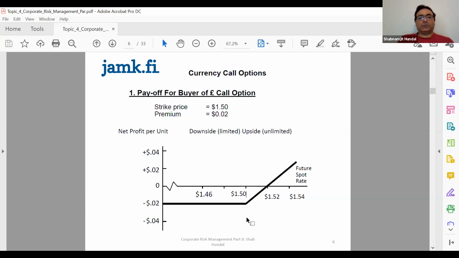Now I want to create a situation for you, and you have to keep your mind very fresh. Imagine the market price is 1.51, which could be somewhere here. Will you exercise the option or will you not?